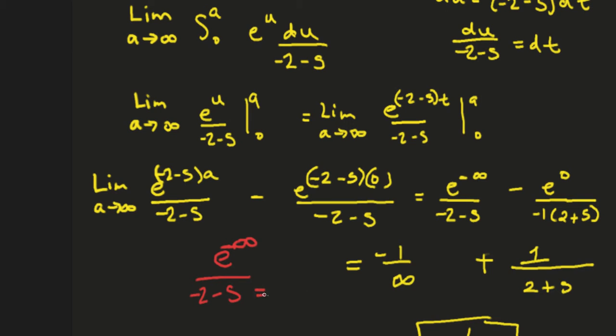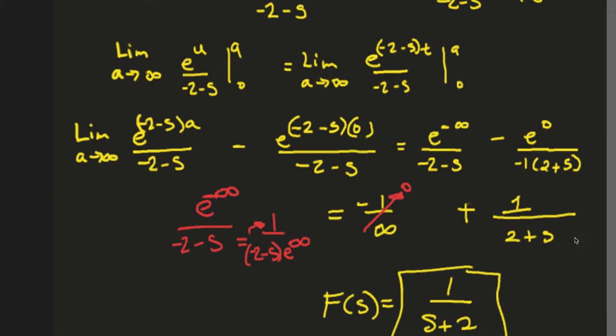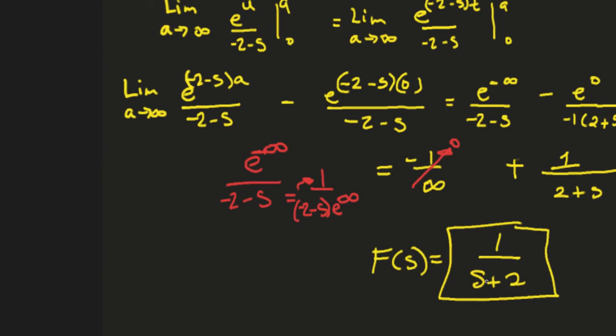So that would then become 1 over negative 2 minus s times e to the infinity, now positive because it's in the denominator. And then this negative sign can factor out and go to the top and give you negative 1 over infinity. Any finite number over infinity always goes to 0. And then we're left with the 1 over 2 plus s, which is what we expected, or s plus 2, however you want to look at it.